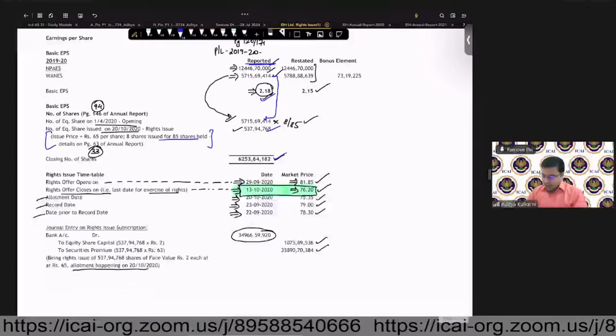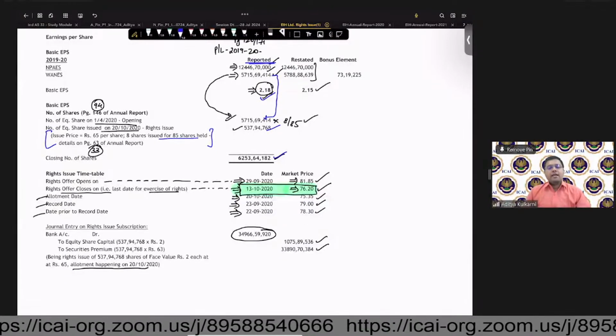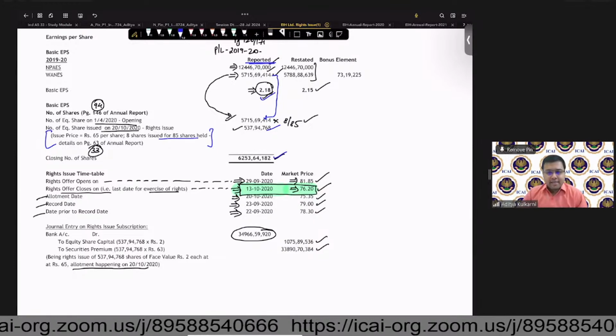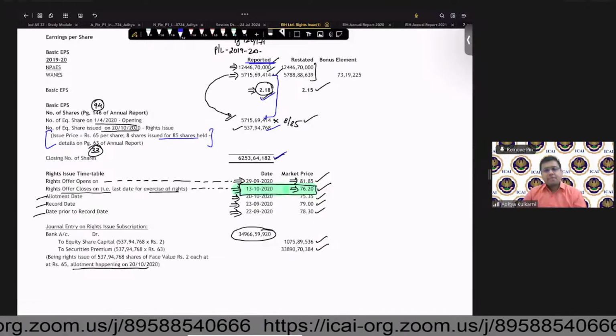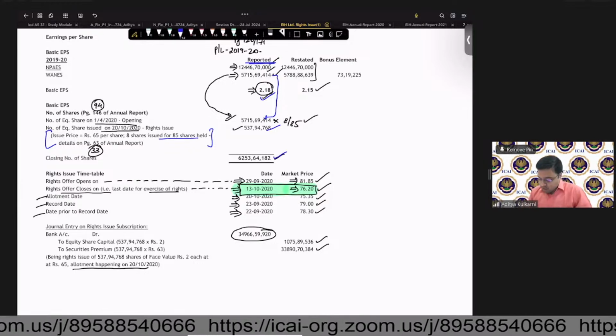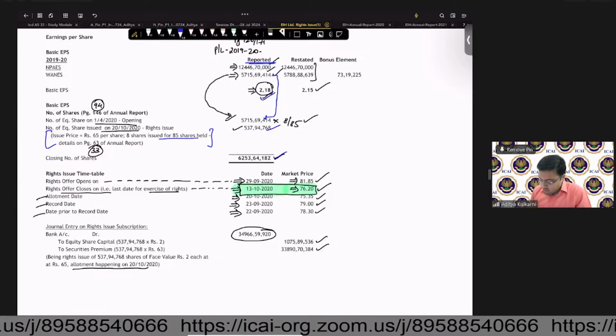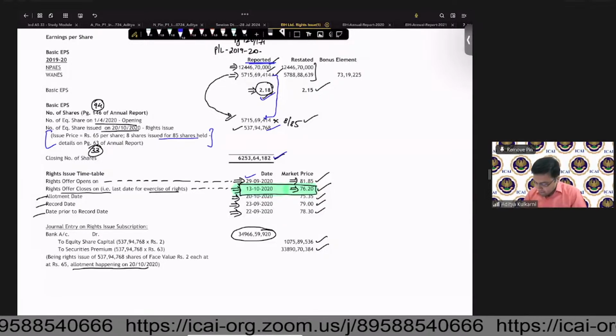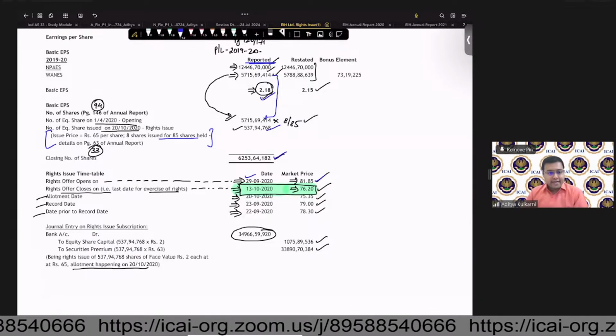Now, what I have done is, I just tabulated the market price of EIH Limited shares around the rights issue. The rights offer opened on 29th September when the market price was 81.85.